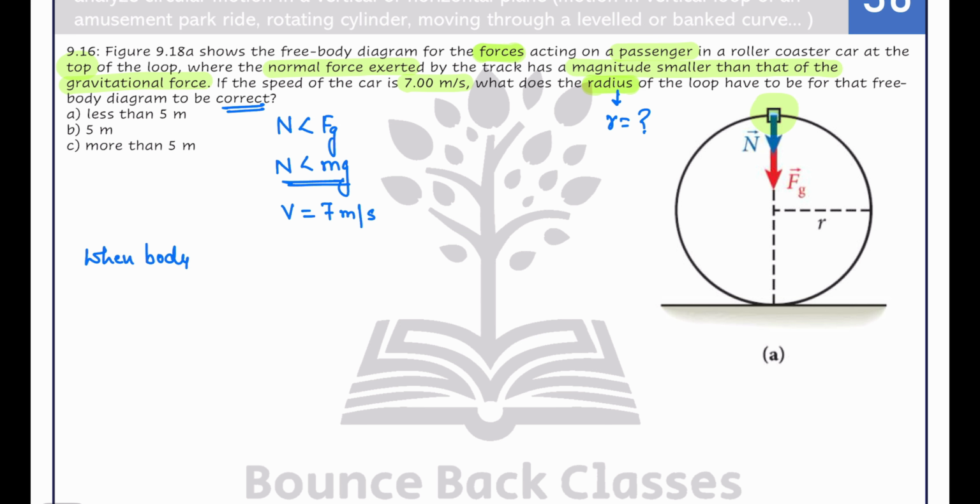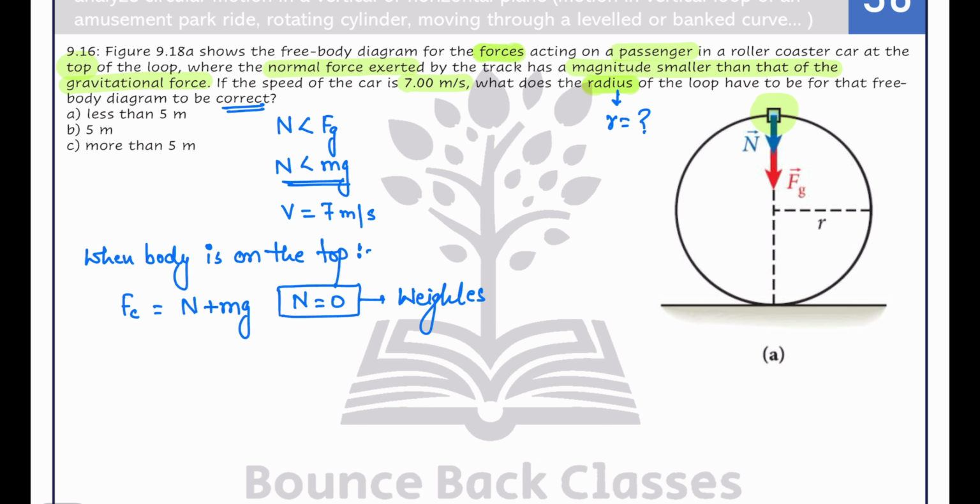when the body is on the top, what do you need to remember? We need to remember that Fc should equal N plus mg, and here N should equal 0. At the top, if N is 0, we will feel weightless.